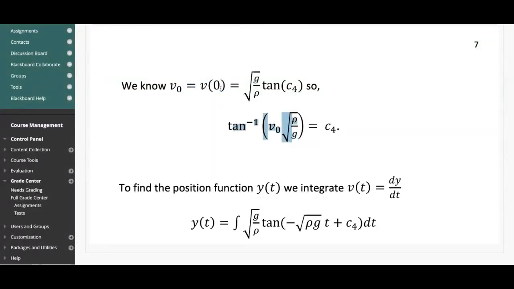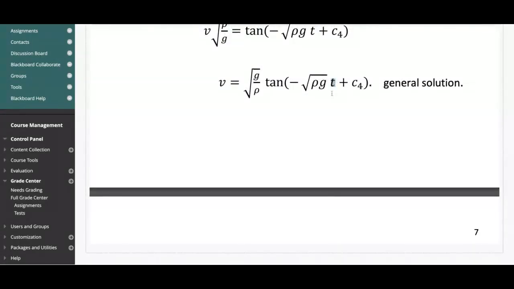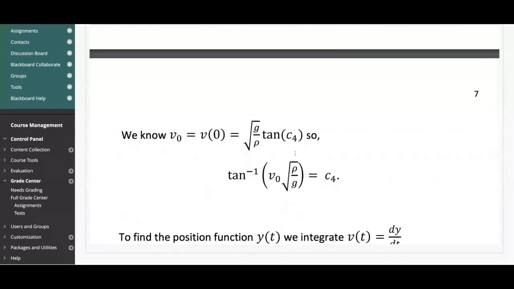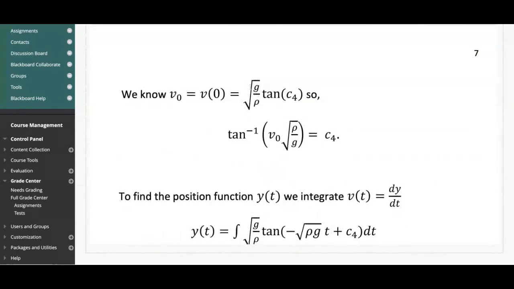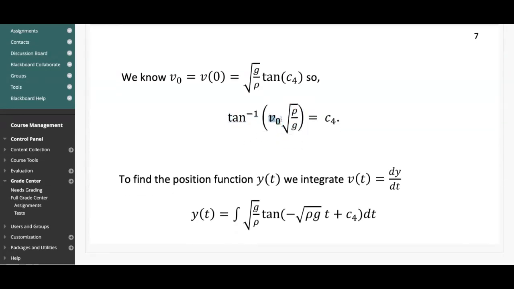We just plug in t equals 0. Then we can solve for the constant. The constant depends on the initial velocity.